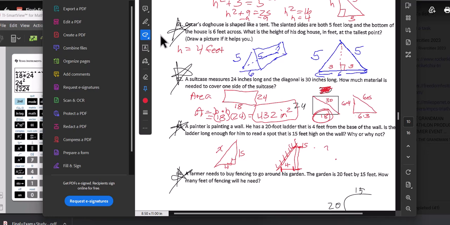So x squared, x is the hypotenuse, x squared equals 4 squared plus 15 squared. X squared equals 16 plus 225. X squared equals 241.